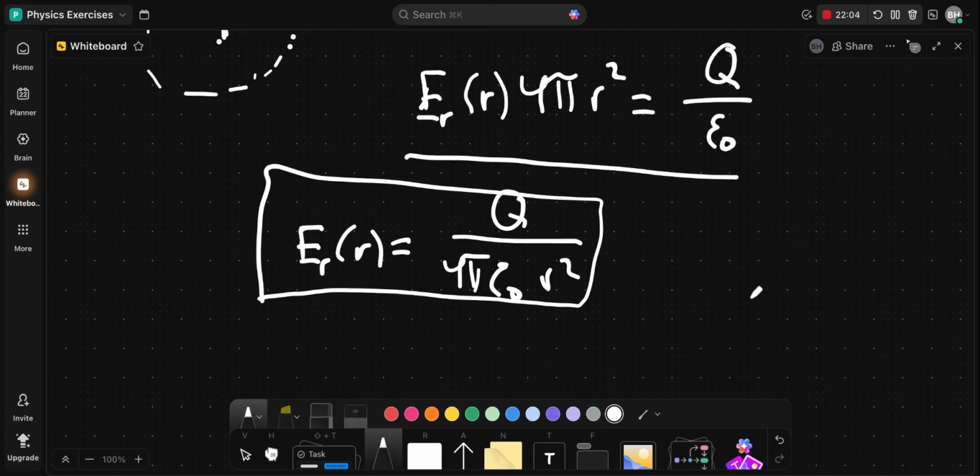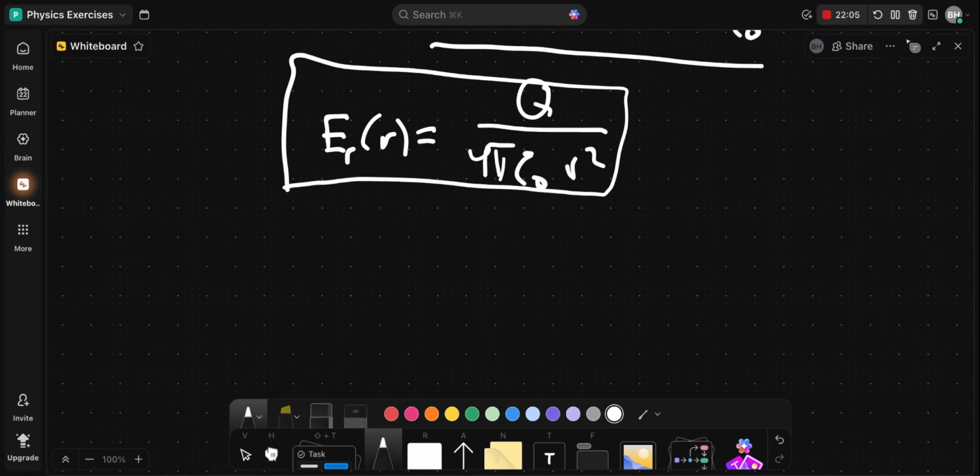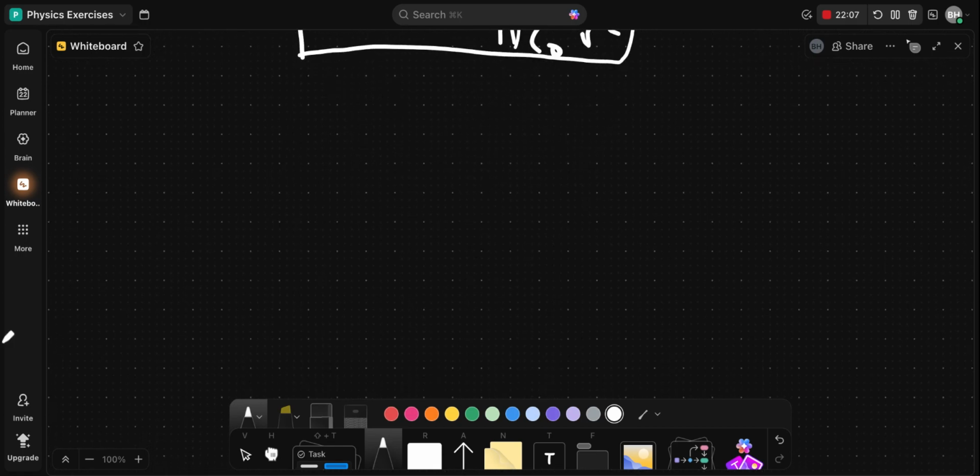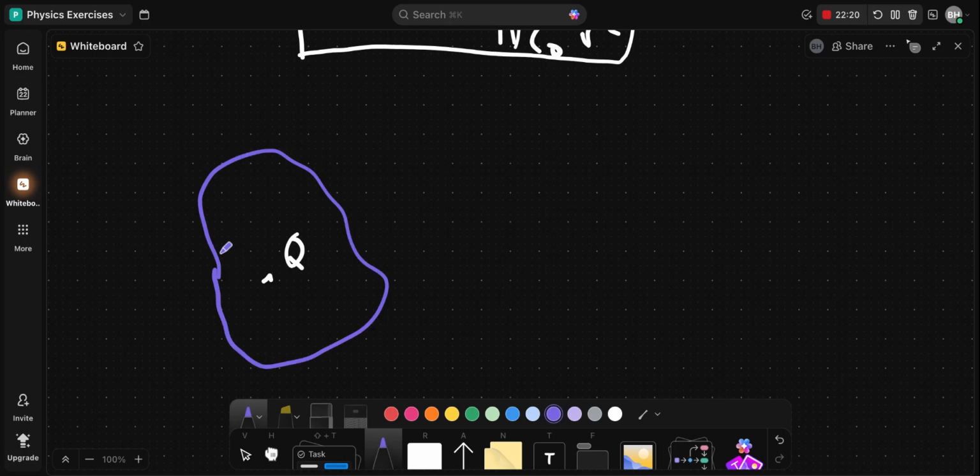Now let me outline how you can generalize this to any surface you want. I will make a quick argument. If I had a charge Q, and suppose that the surface I choose around it, let me indicate it with a different color, here's a blue color, is not a sphere but some silly surface like this.